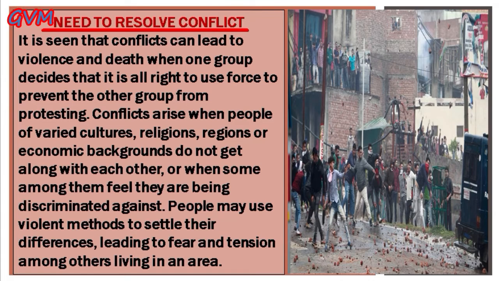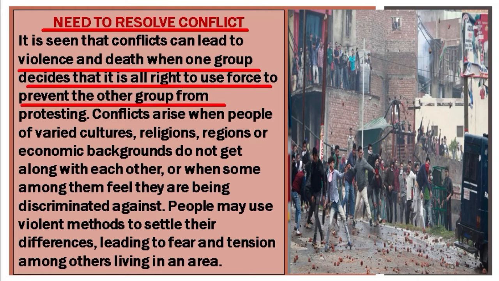Students, in any nation, issues may bring about clashes and extremely unpleasant situations in society. And students, these conflicts lead to violence and death when one group decides that it is all right to use force to prevent the other group from protesting. And students, do you know why this happens?